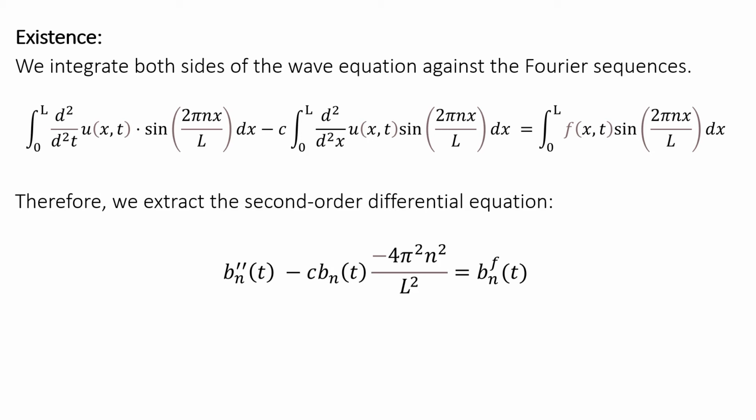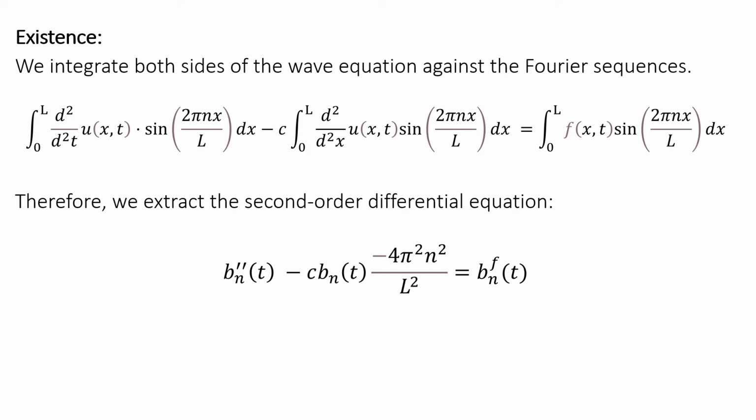And so we can extract a second order differential equation satisfied by the nth Fourier coefficient of the solution. We have b''n(t) minus c times bn(t) times negative 4π²n²/L², and that equals bfn(t). That is a second order differential equation.